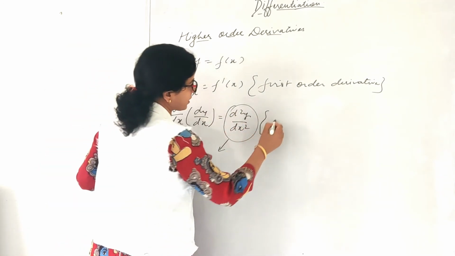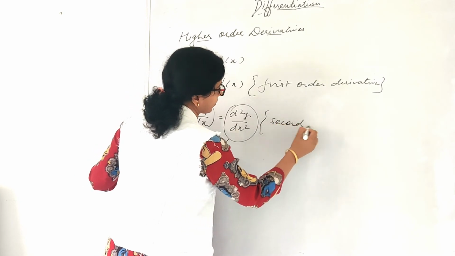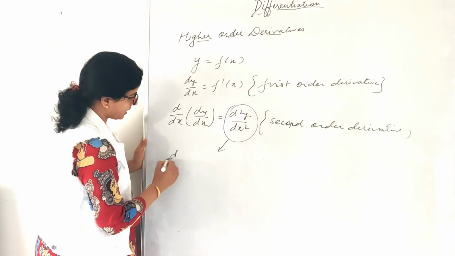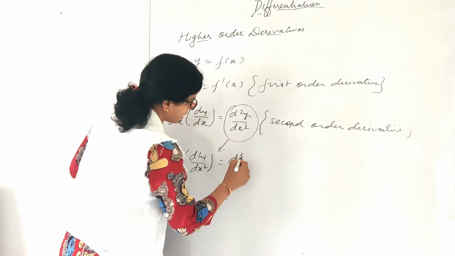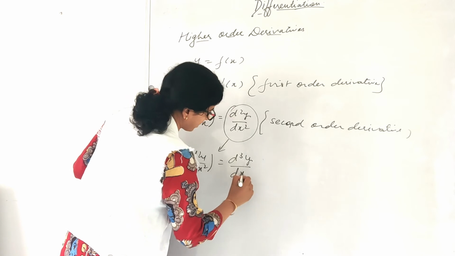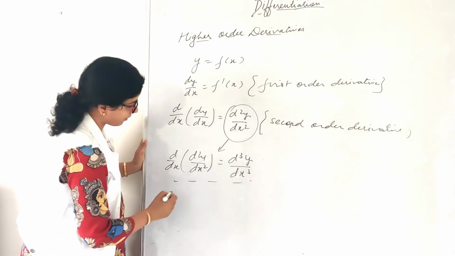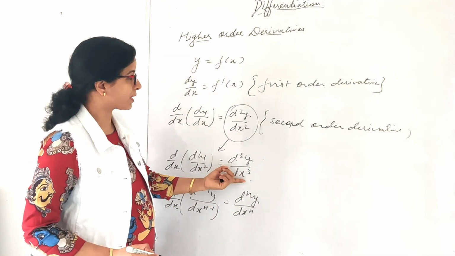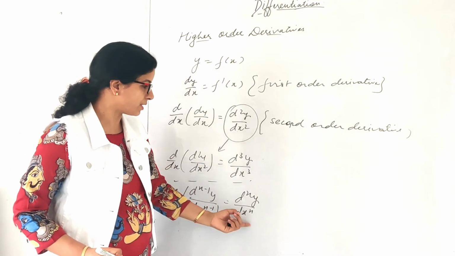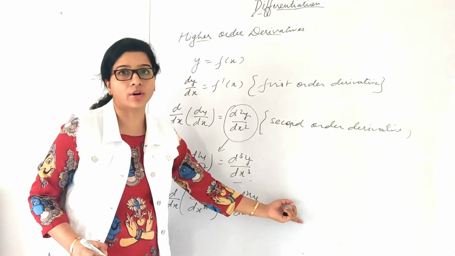And what is it known as? It is known as second order derivative. Now if I further differentiate this, d upon dx of d2y by dx2, it becomes d3y upon dx cube, and so on. And if I find the nth derivative, it will be denoted by this, right? So this becomes my third order derivative, and similarly so on, it becomes the nth order derivative.